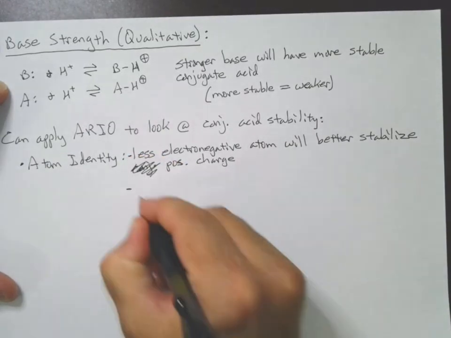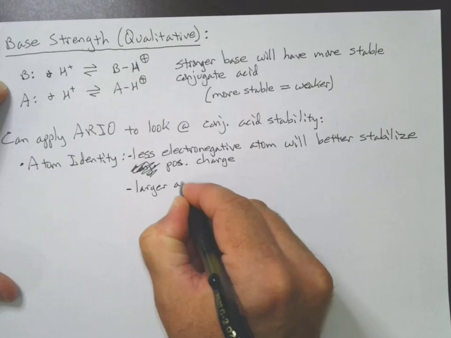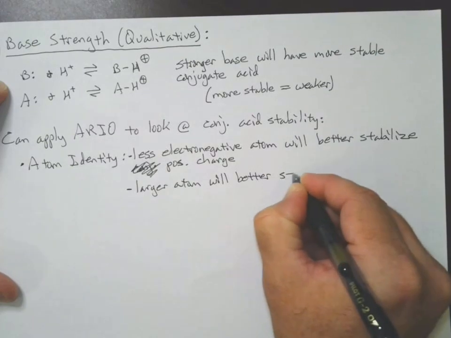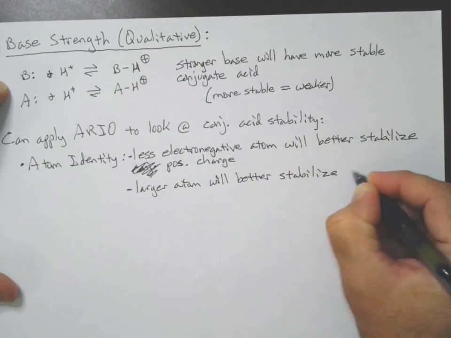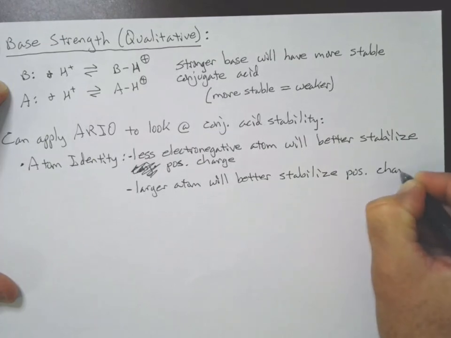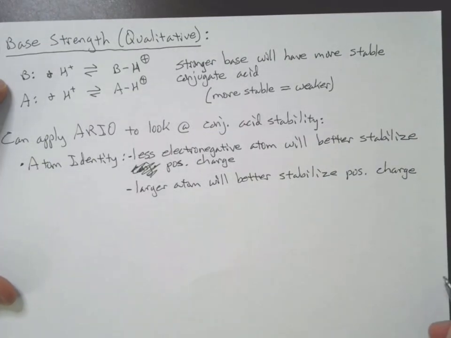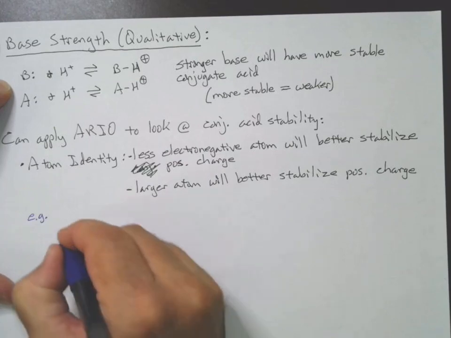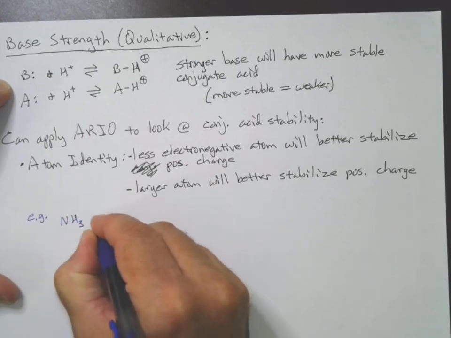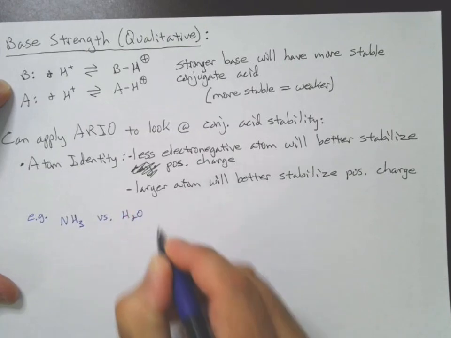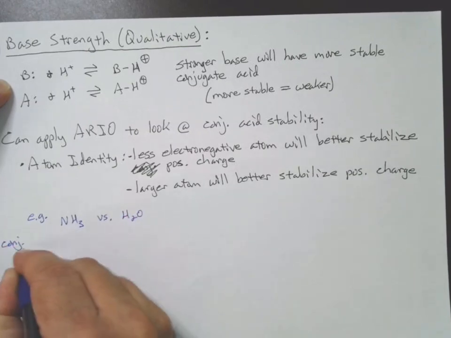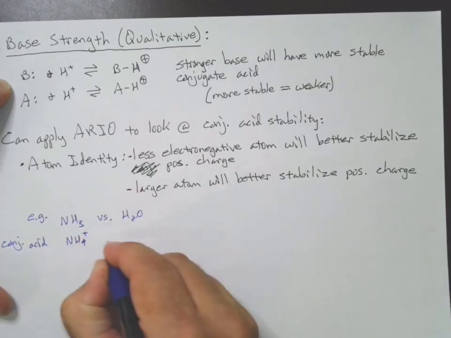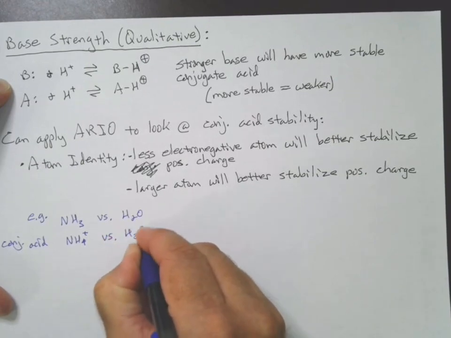Maybe I'll make a note of that. Larger atom will better stabilize positive charge. So an example of this, let's look at NH3 versus H2O. If we look at our conjugate acids, we've got NH4 plus versus H3O plus.